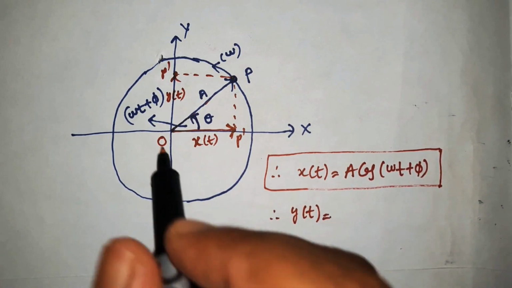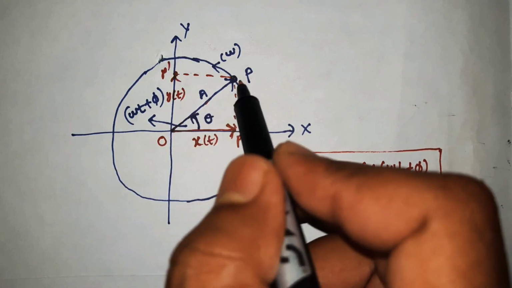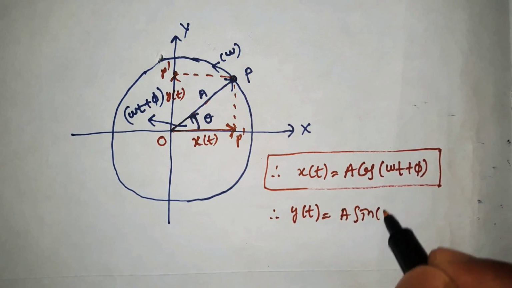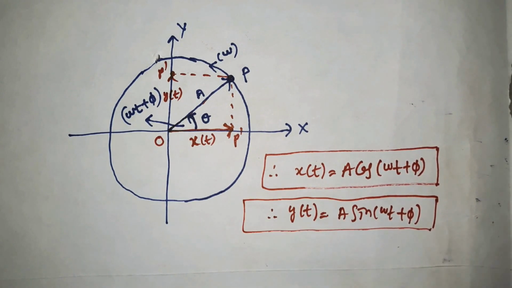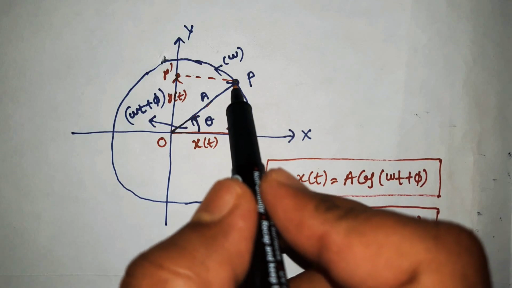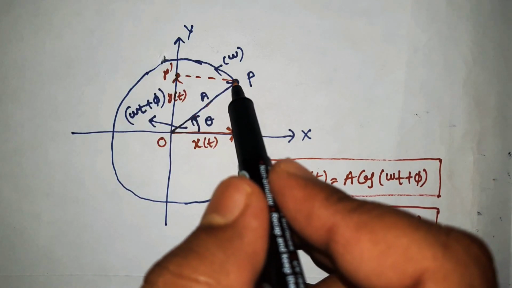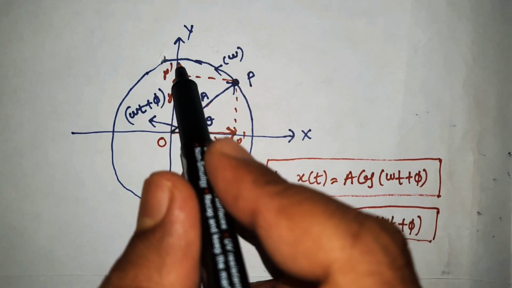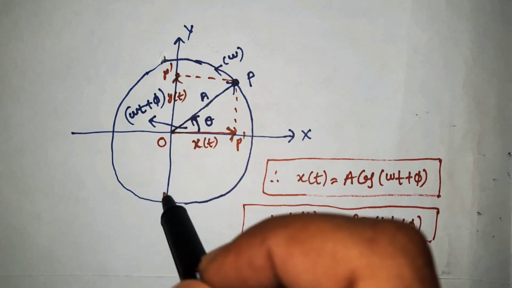The component of OP bar along y-axis is A sin of omega t plus pi. Here P moves uniformly on a circle, and P dash executes simple harmonic motion on a diameter of the circle along y-axis.